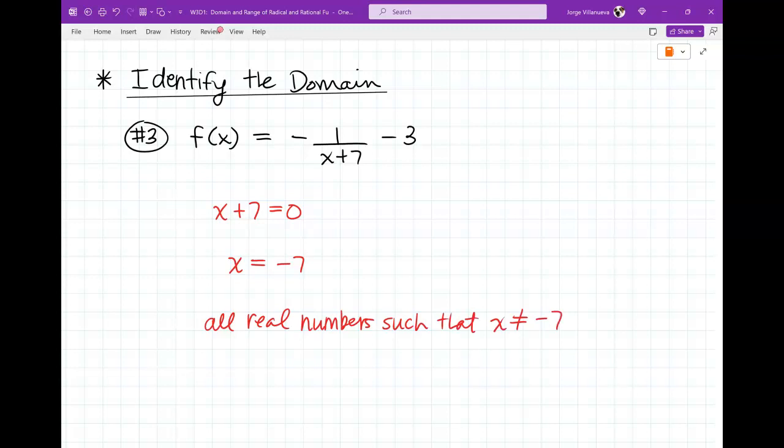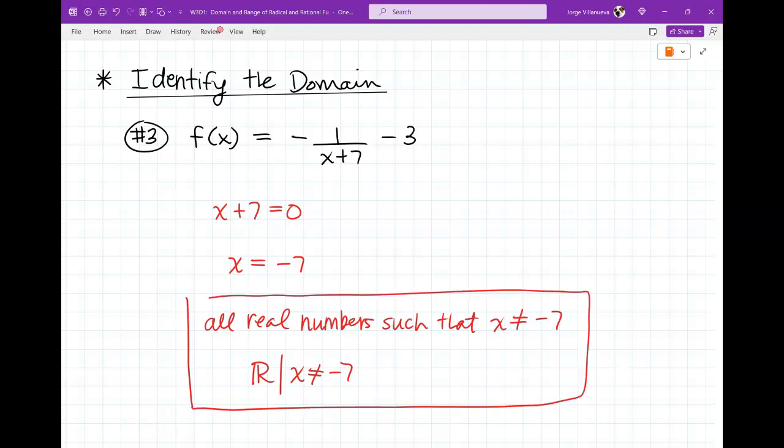There's my answer. If you want to do shorthand for it, you can write all real numbers such that x cannot be negative 7. Either one is fine. There's so many different ways to write it. You choose. I prefer less writing, so for me, I would probably do the bottom.